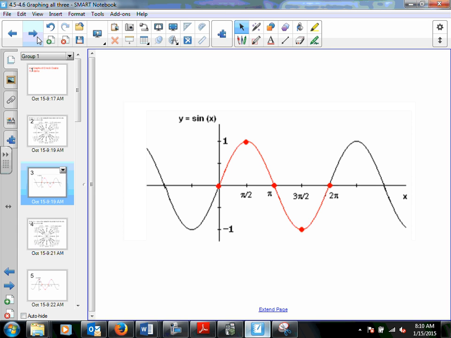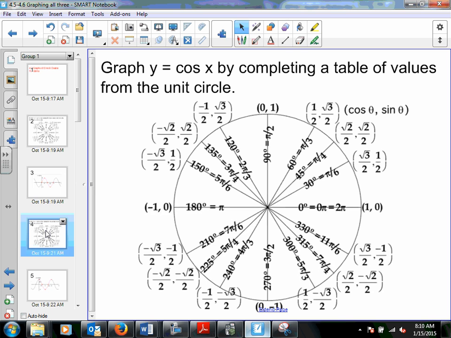You ready to talk about the graph of cosine? Yeah? Okay. Let's talk about the graph of cosine. So let's go back to our unit circle. Okay? Cosine values come from the x-coordinate. Good. So we follow our x-coordinates around.